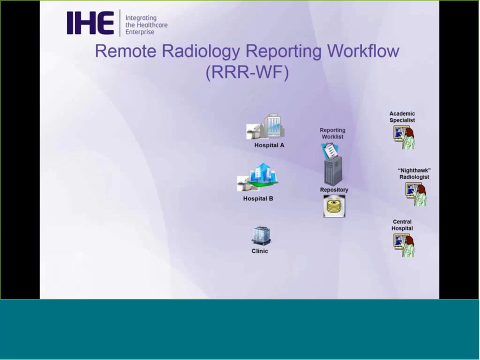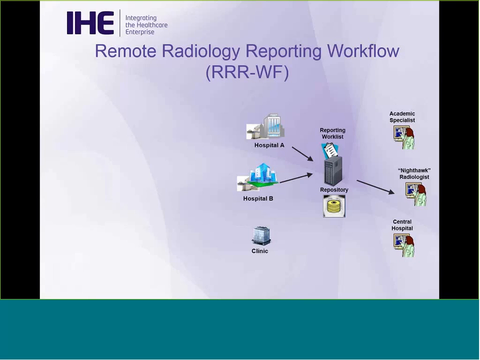So some of the patterns we'd expect to see is that if you can add a reporting work list capability on top of this image sharing, then Hospital A can put something on the work list tagged for a particular Nighthawk service to do some reading for them. Hospital B may hit a particularly difficult case and post it for any experts in the community.